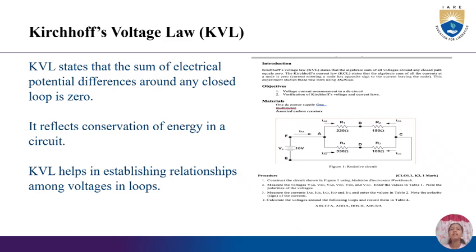So the potential difference around any closed loop equals 0. It reflects conservation of energy in a circuit. KVL helps in establishing relationships among voltages in a loop.